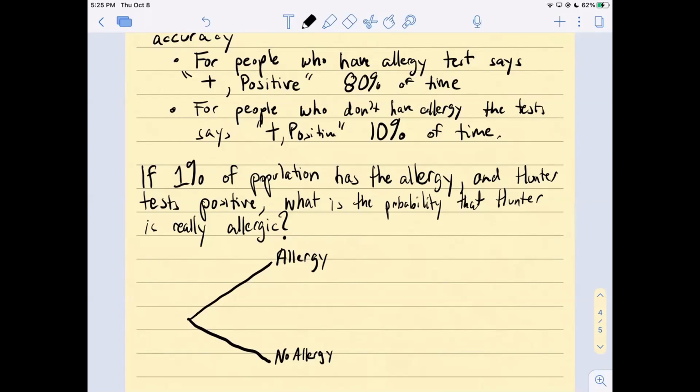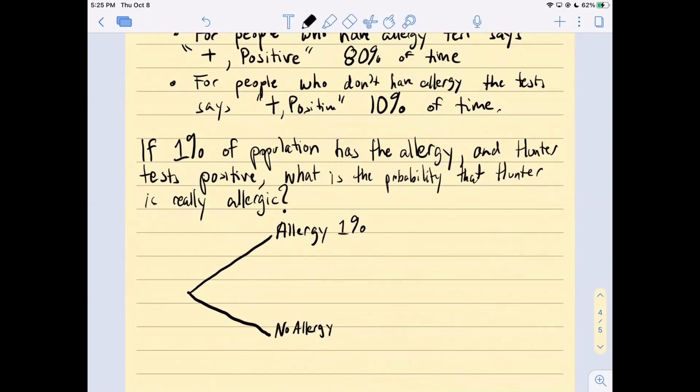Well, if he actually has the allergy, then it's 1% chance of just having it in general times the 80% chance of it actually being a positive test. Okay, before you even do that, I'm just going to break it up. 99% of people don't have the allergy, and 1% of people do.